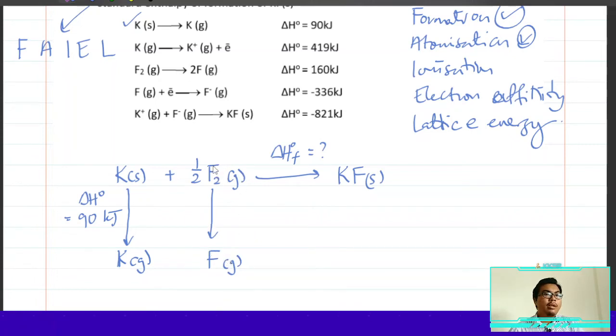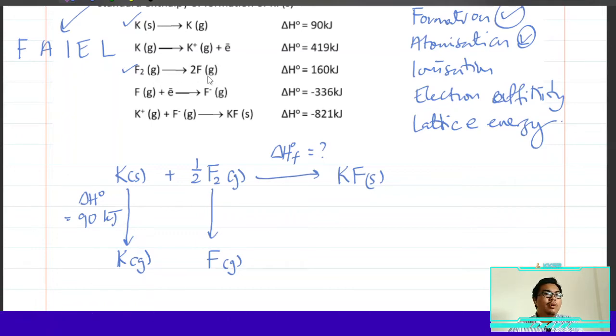Alright, so but this case here it's already balanced. Nilai dia telah pun balance sebab kita dah ada 1/2 F2 forming F gas. Okay, so nak tengok value dia dekat sini, kita ambil daripada equation yang di sini. F2 gas menjadi 2F gas.